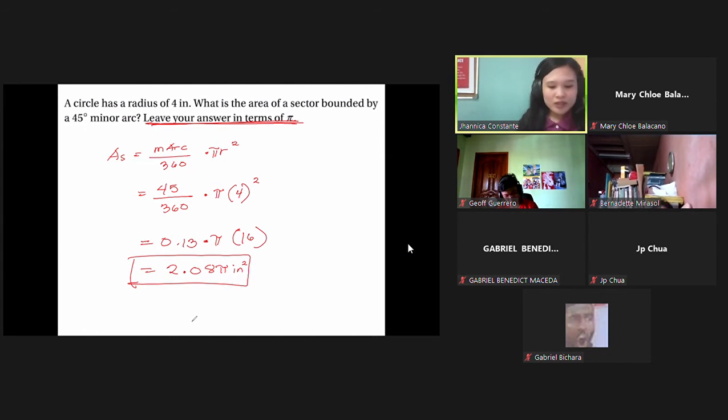Okay, so let's have an example wherein the given is a radius and a central angle. Kasi in the first and in this example, the given is the minor arc or the intercepted arc. But what if the given is the measurement of the angle, and we're going to find the area of the sector of that given circle.